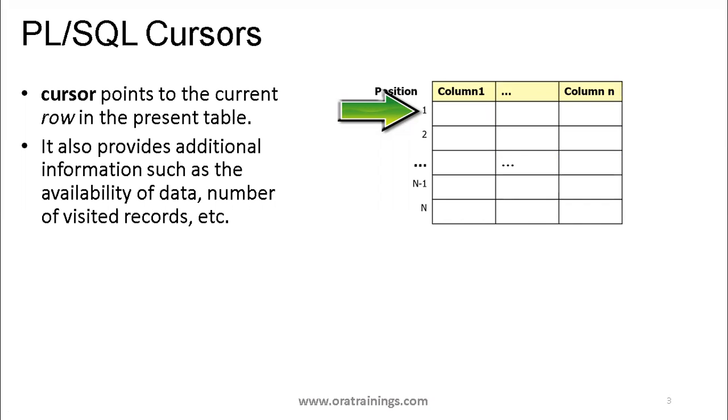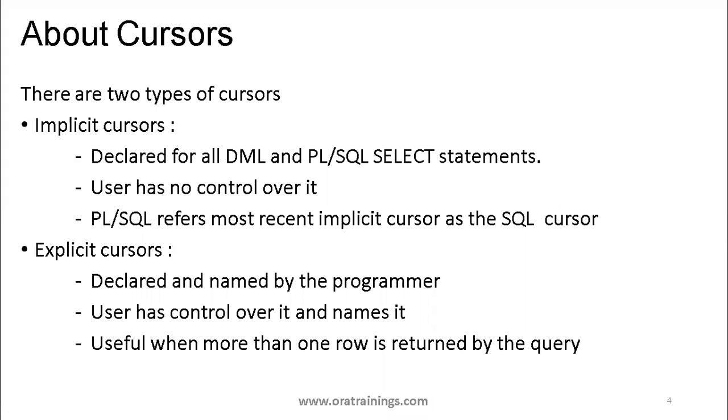Let us get into the next slide. Overall, there are two types of cursor: one is implicit cursor, the other one is explicit cursor. Whenever we write any DML statement, including insert, update, delete, as well as select, we call these implicit cursors. For example, if you're trying to perform insert, update, or delete, we are either inserting, deleting or updating the data.